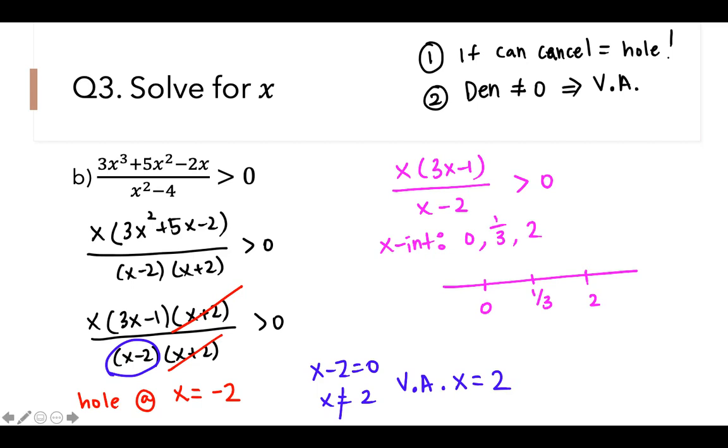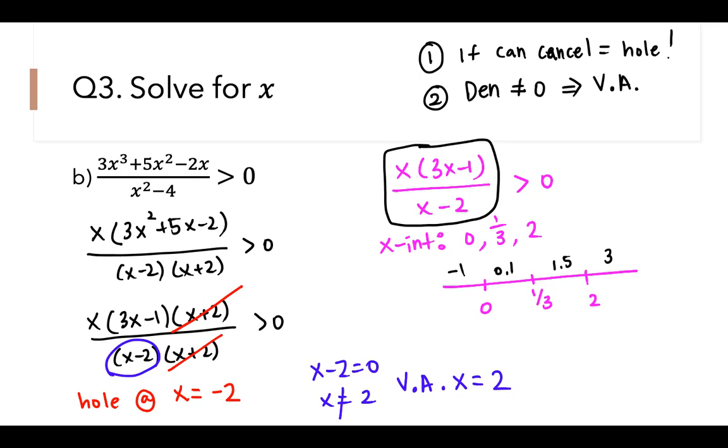So let's plug in a number that is smaller than 0. You can plug in, let's say, negative 1, and you can plug in 0.1, you can plug in 1.5, and you can plug in anything greater than 3. So I'm going to plug in all the following numbers into my simplified rational expression.